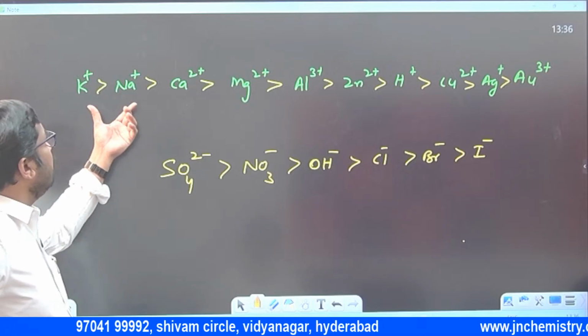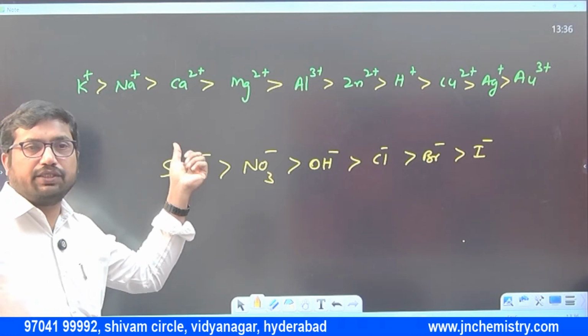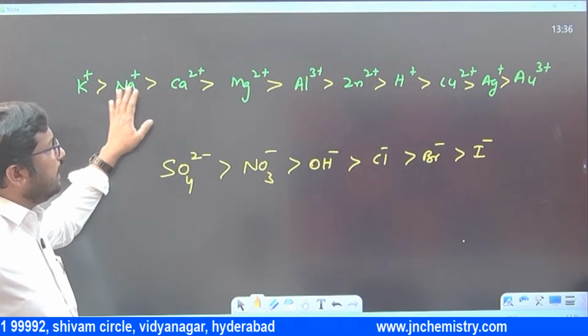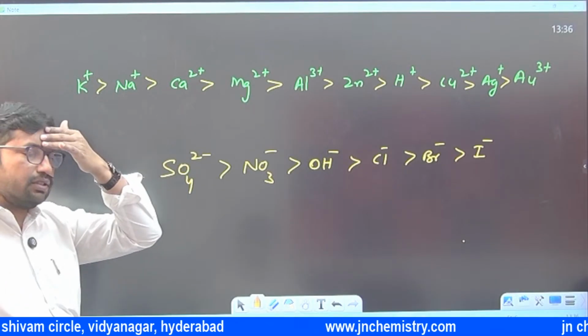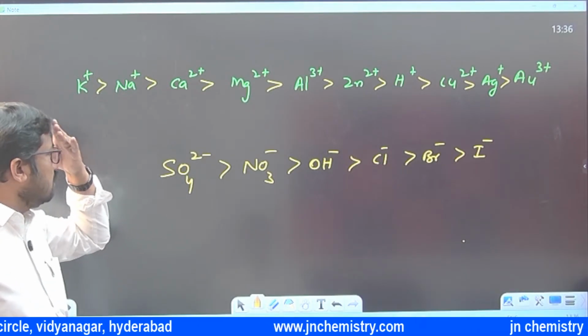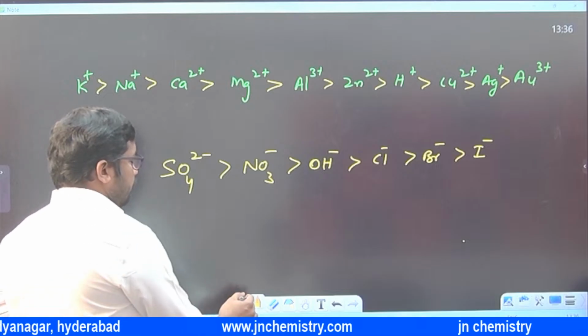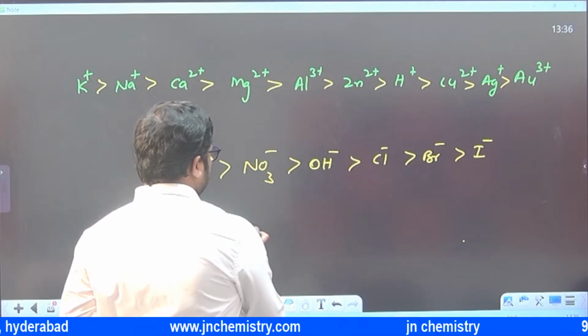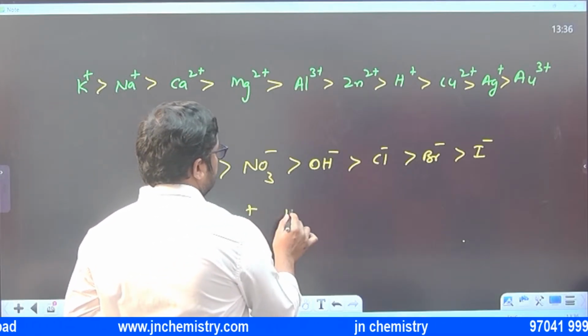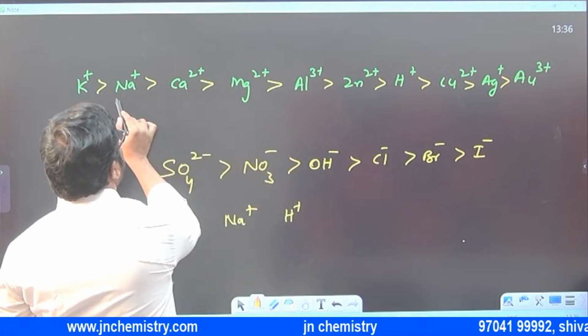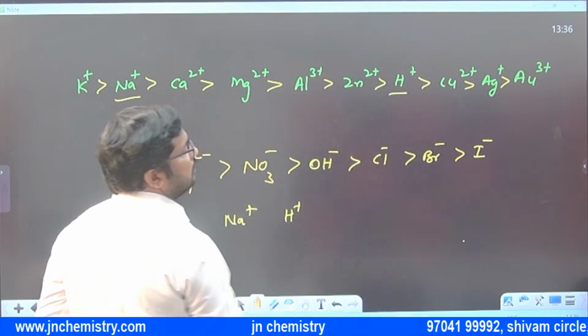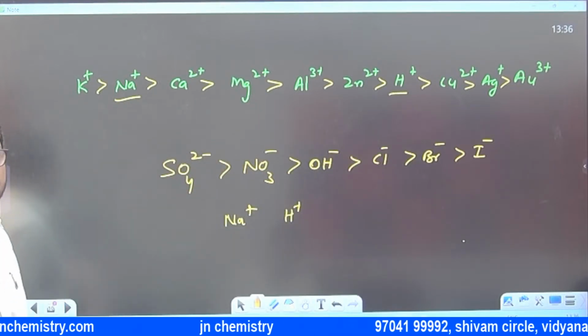But how do we remember this? We can use our logic, any shortcuts. So previously, what we got: Na plus and H plus. Which is having the lower discharge potential?